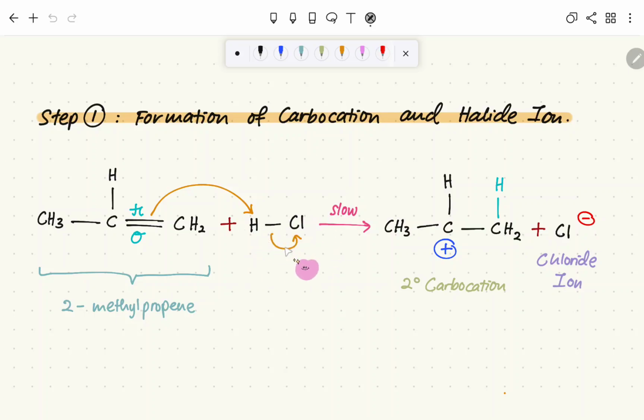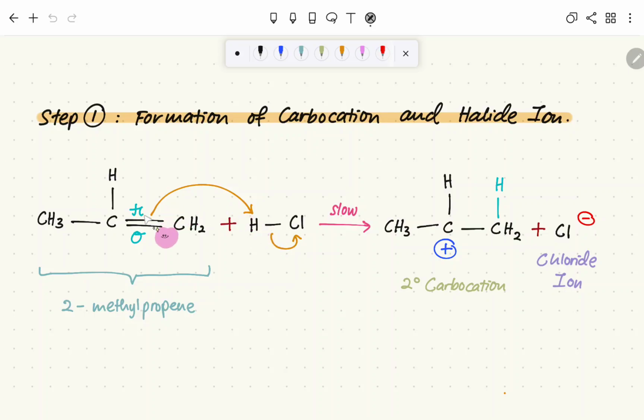In HCl, chlorine has higher electronegativity, which creates an electrophilic site, making hydrogen partially positive and attracting other molecules. In 2-methylpropene, the double bond has 2 electrons that are attracted to the hydrogen in HCl.